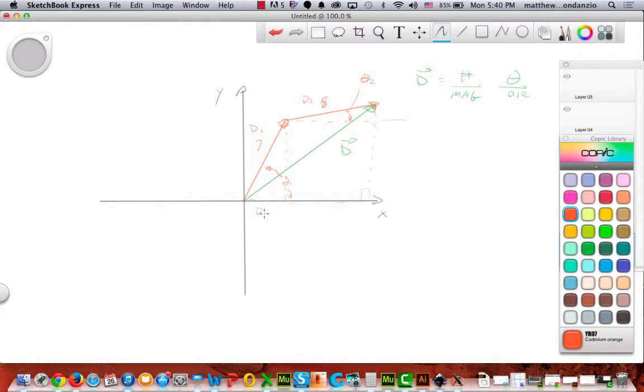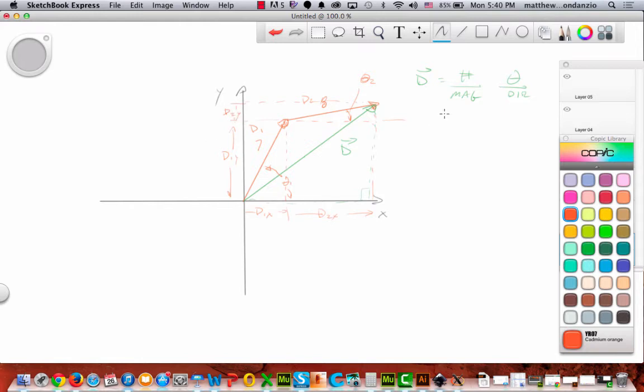So this is going to be d1x and d2x from here to here, and then d2 is from here to here. And we know that this vector here is d1y, right? And then this is going to be d2y between there and there.